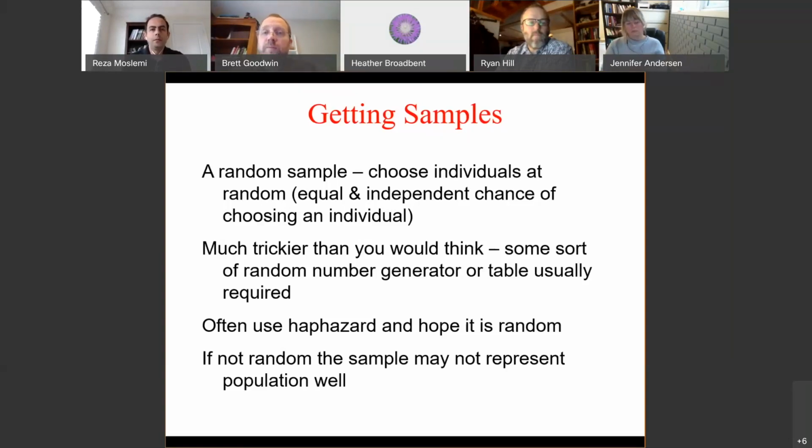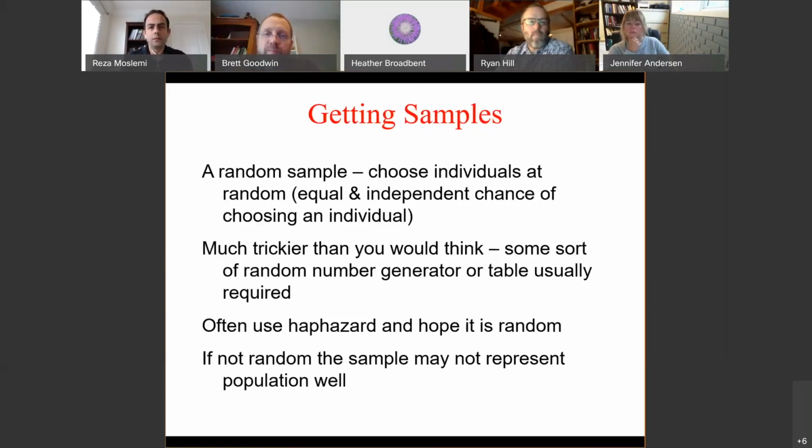If you think about, say, sampling lakes, say you want to do some sort of lake water chemistry, to actually randomly choose lakes, you would have to identify all the possible lakes, make a list, randomly choose a number from that list, and then that's one of the lakes you'd go sample.